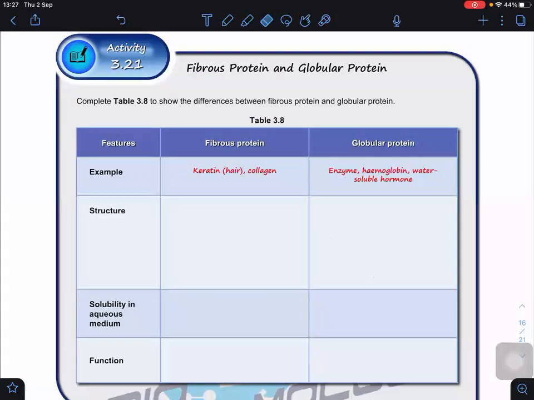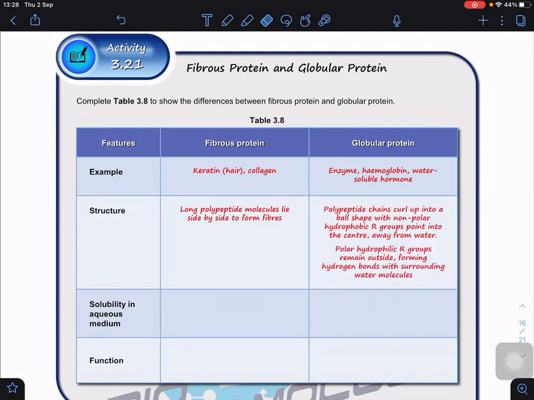Okay, now how about in terms of structure? Fibrous protein, in terms of structure, they are long polypeptide molecule, lie side by side. Then very important, they tend to form what we call the fibers. Okay, they form fibers, so they are long chains. Okay. But how about globular protein?